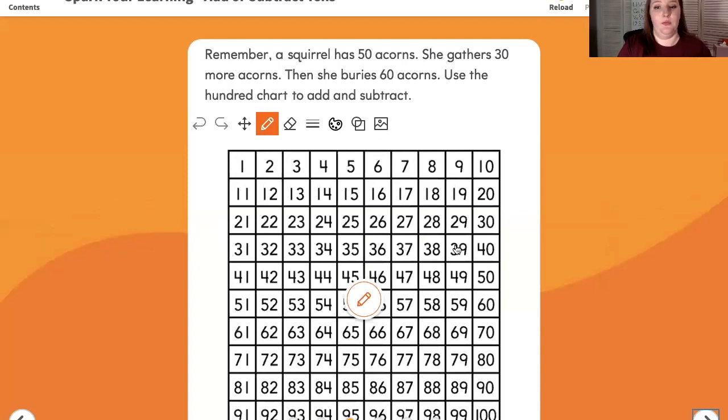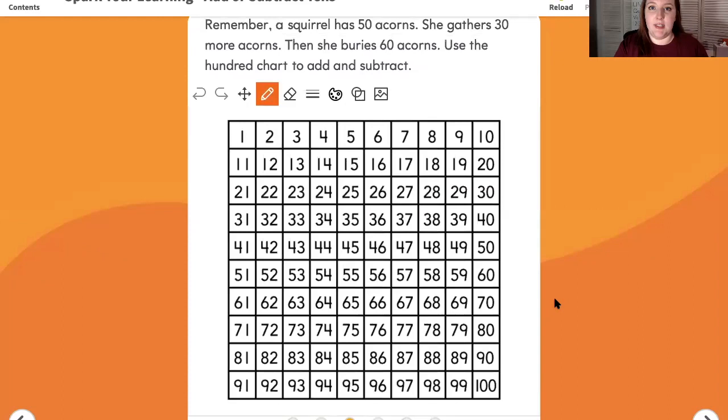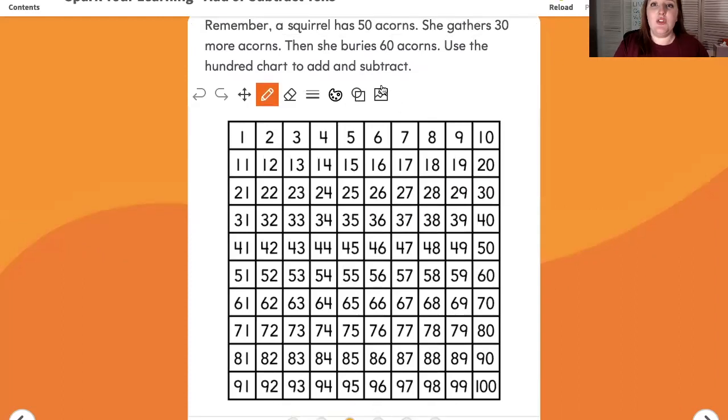So let's go ahead. They give us a hundreds chart here that we can use to help us answer this, okay? So we are starting with 50 acorns, right? Let's circle our 50 in yellow, okay?